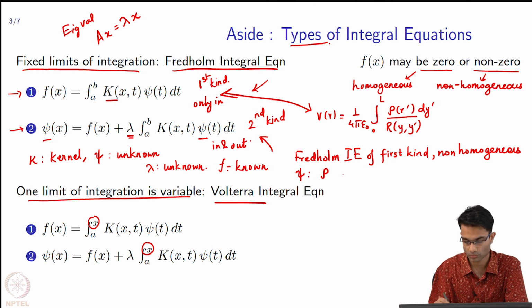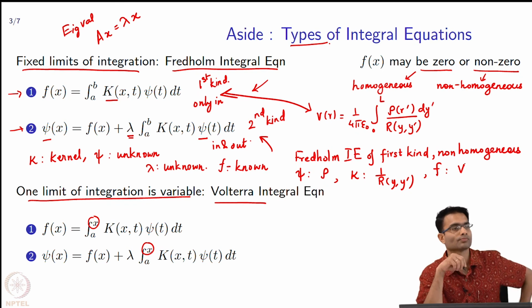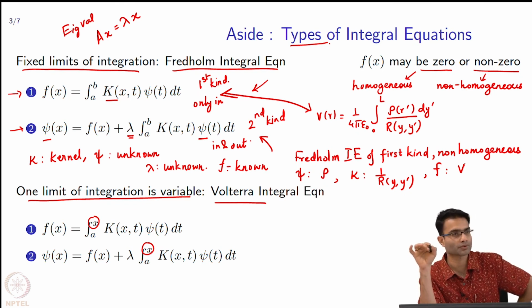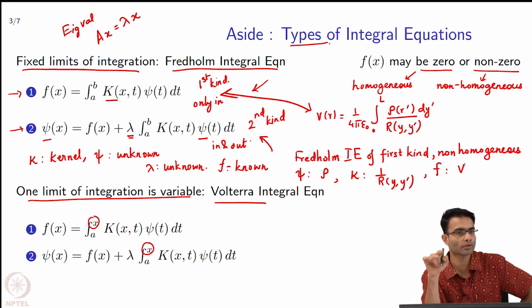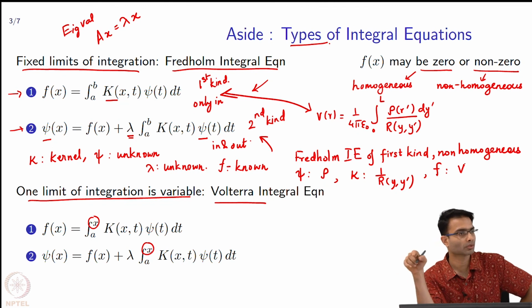Rho. What is my kernel k? 1 by r. What else do I have? F, right. So, f is V. So, that completes the full description of your integral equation. You need to specify all 3: Fredholm or Volterra, first kind or second kind, homogeneous or non-homogeneous. Then your integral equation is fully specified.